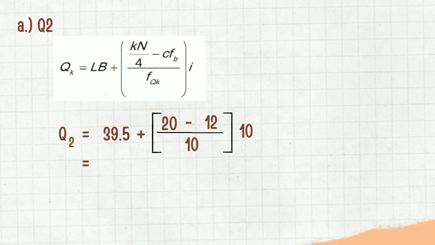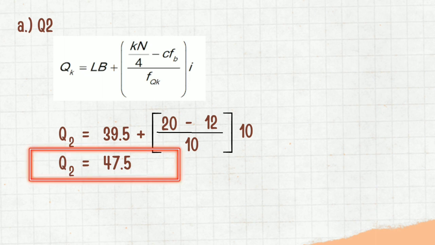So let's calculate it using the calculator. 39.5 plus the quantity of 20 minus 12 over 10 times 10. So we will get 47.5. So the second quartile is 47.5.